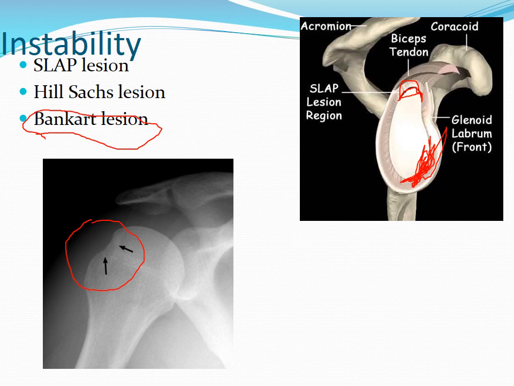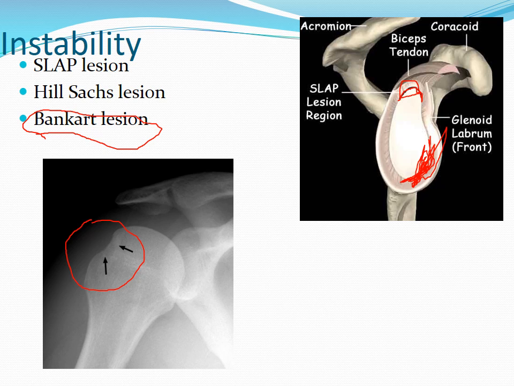It's really a compression fracture because the glenoid is much firmer and harder and more resilient as compared to the humeral head, which is soft by comparison. So when they contact one another with a dislocation, and it's usually that superior posterior aspect of the humeral head from an anterior dislocation, the back part of it catches the glenoid, and you get this divot compression fracture, which is a Hill-Sachs lesion.